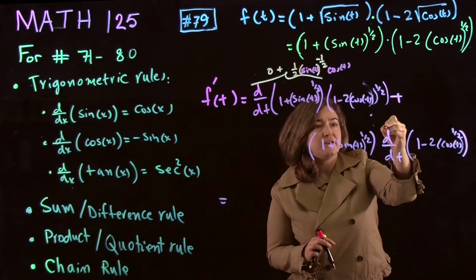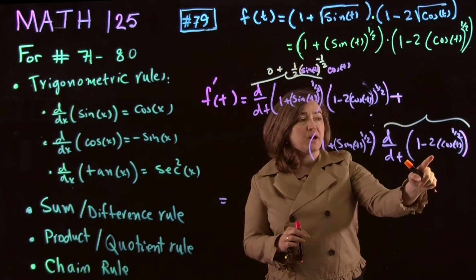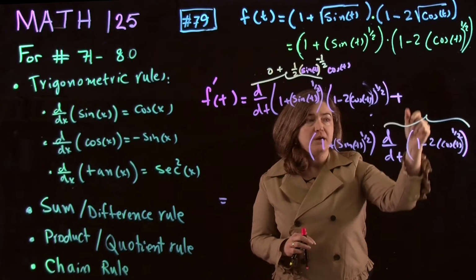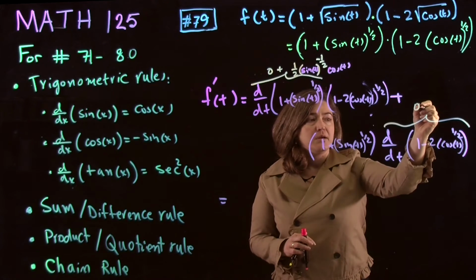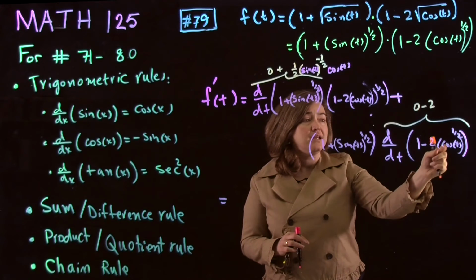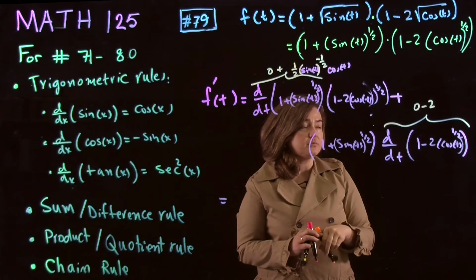There is another derivative here that we want to replace, the derivative of 1 minus 2 cosine of t to power 1/2. Derivative of 1 is 0, minus 2 is the coefficient, then cosine of t to power 1/2 is another chain rule.